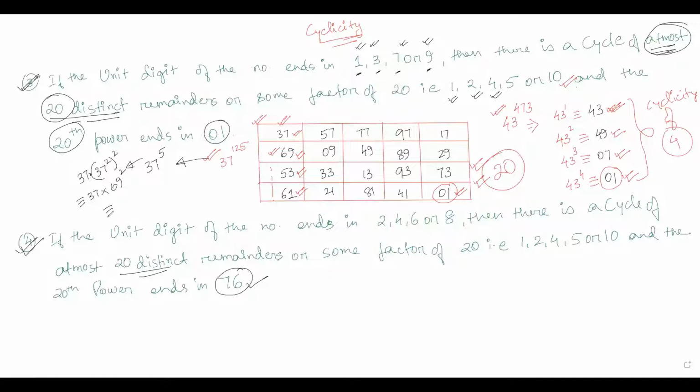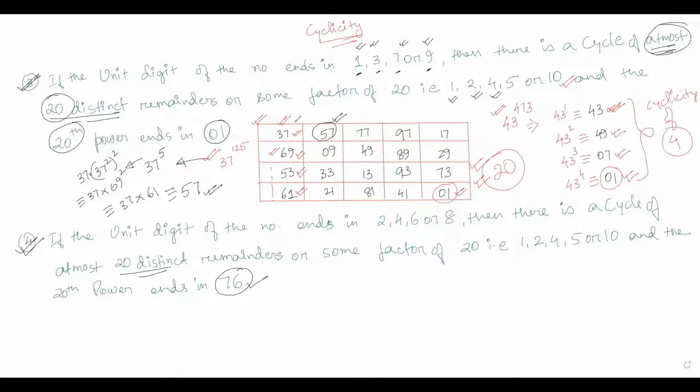So this would give us 37 times 69 square, where 69 square gives the last two digits 61, and 37 times 61 will give us the last two digits as 57, which we can verify from this table.